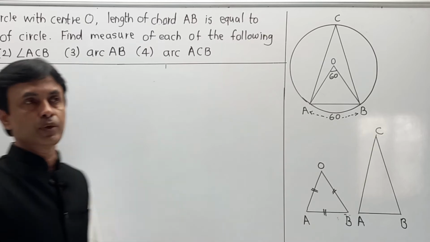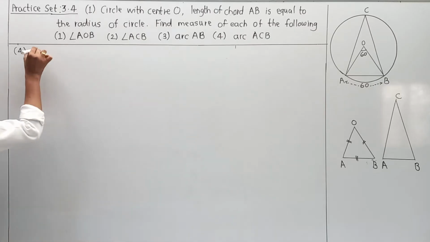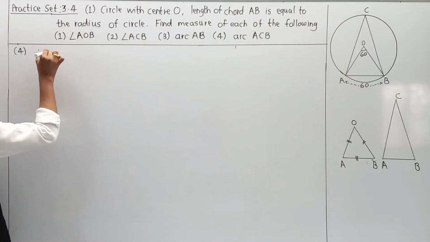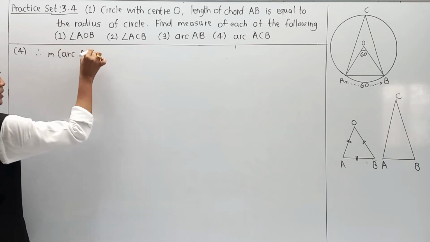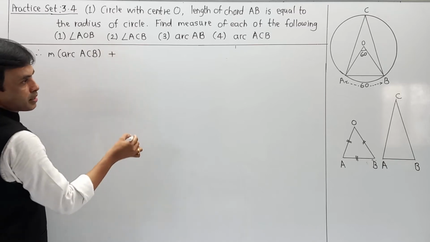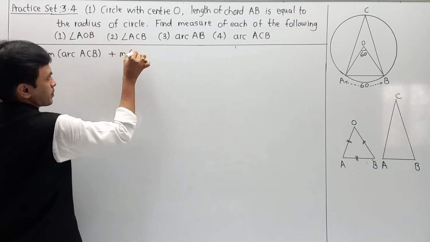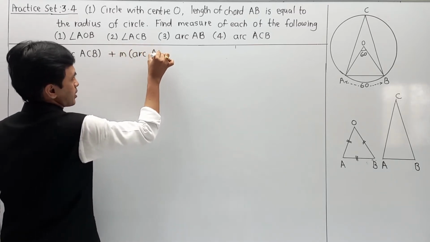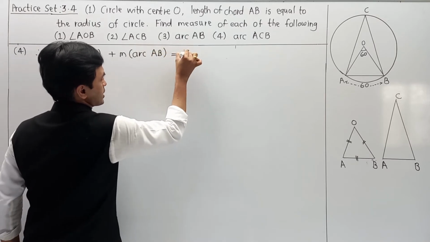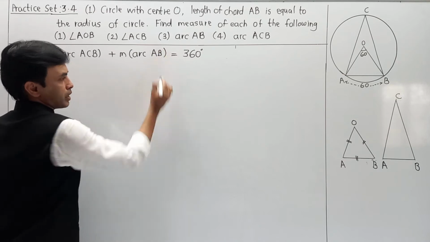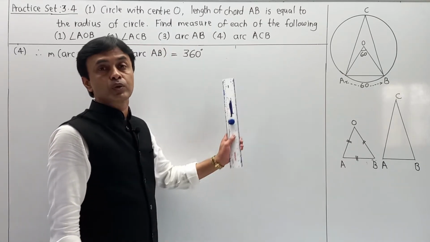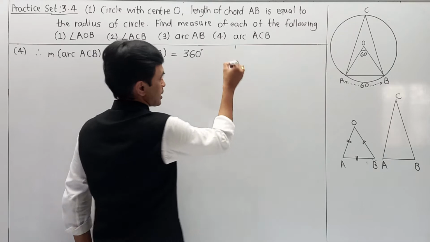So using that property, therefore major arc ACB plus major arc AB, their total addition is 360 degrees. Reason: by property of circle, or by property of total arcs of a circle addition.